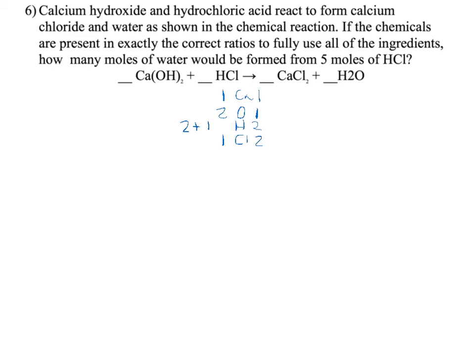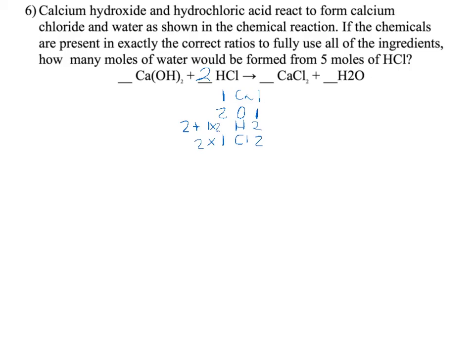Our chlorines aren't balanced, so we need 2 on the reactant side, which means we put a 2 in front. Well, there's also hydrogen as part of this compound, hydrochloric acid, which means that we need to multiply our single hydrogen, because there was only 1 hydrogen in this compound to begin with, by 2 as well. Okay, and then we can keep going.